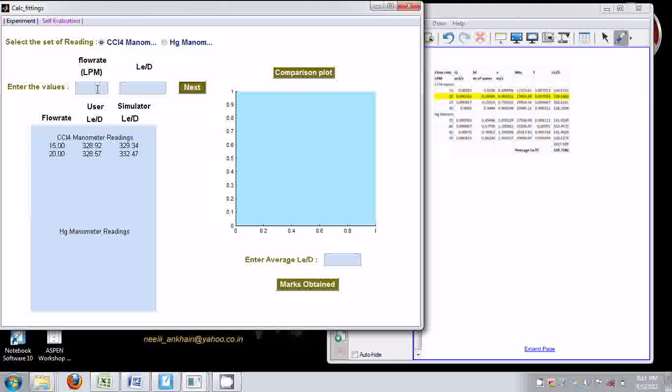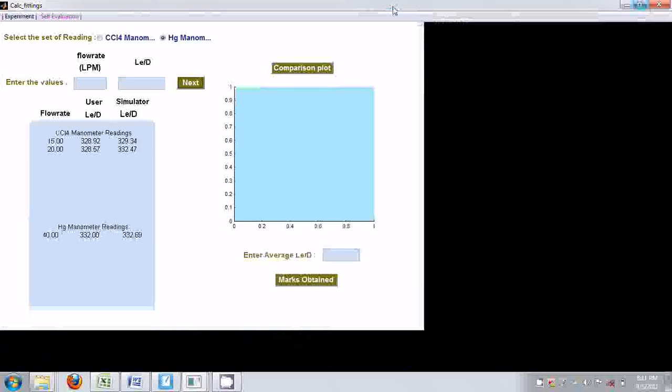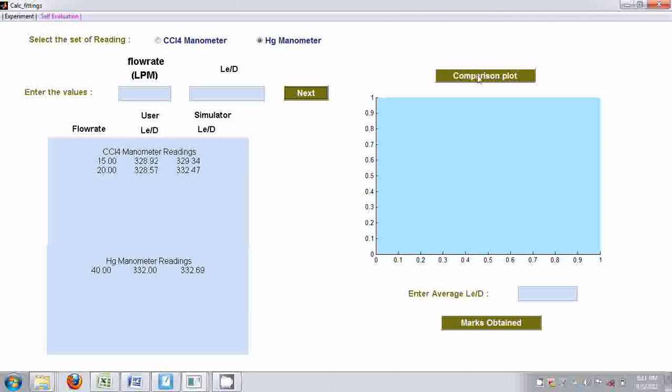And like this, all the values can be checked, and then go for Hg manometer with some flow rate, 40 LPM. At 40 LPM, user calculated LE by D is 332. After this, press the button comparison plots.